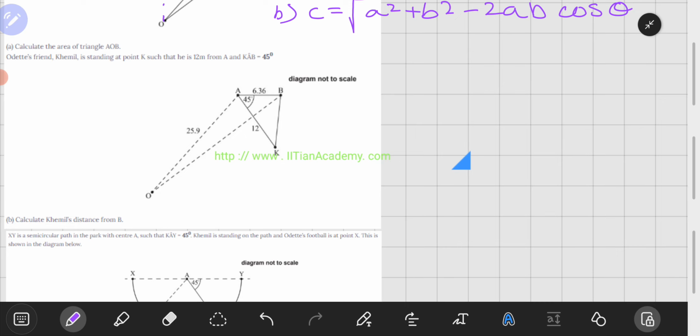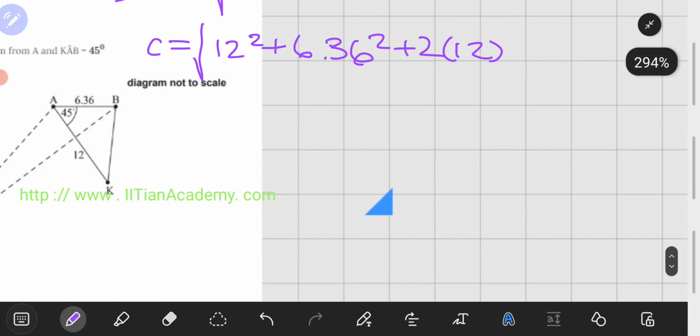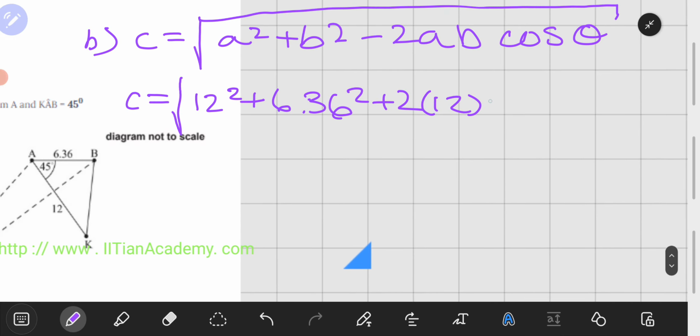When we plug in our values, 12 squared plus 6.36 squared minus 2 times 12 times 6.36 cos of 45 degrees.